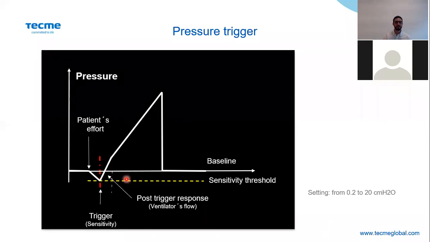For example, if you are setting an inspiratory pressure trigger of 5 centimeters of water, the patient's effort has to be bigger than this 5 centimeters of water in order to start a spontaneous inspiration. In our ventilators, you can set this inspiratory sensitivity from 0.2 up to 20 centimeters of water.